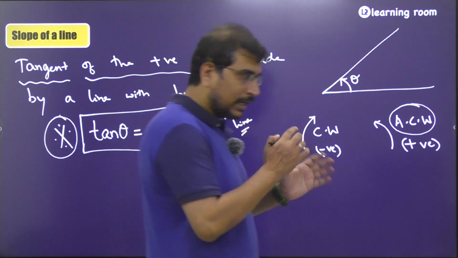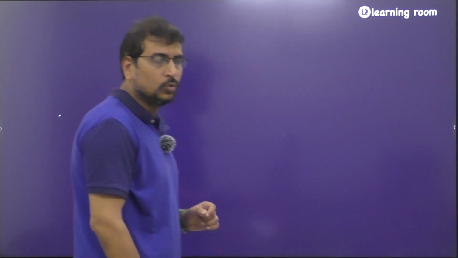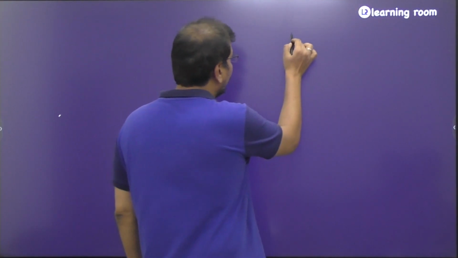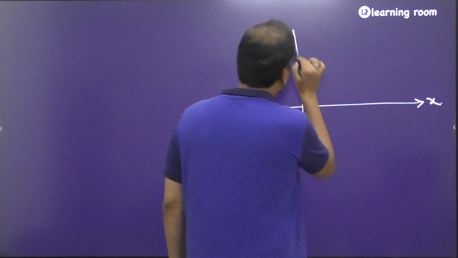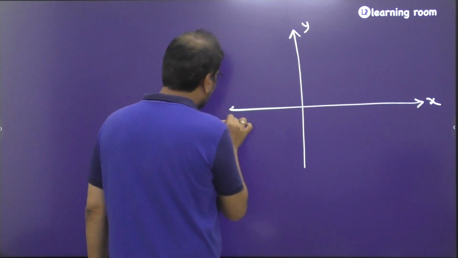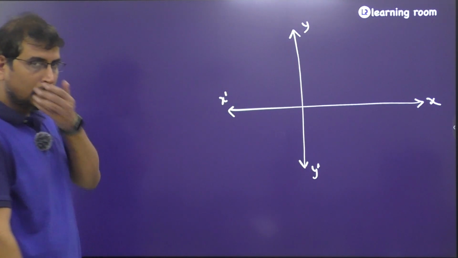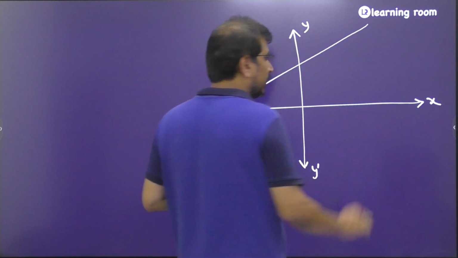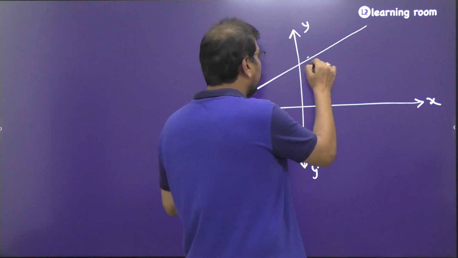Right? So having said this, I am going to extend this concept to coordinate geometry. That is, if I take the basic coordinate system like this, x-axis, y-axis, x dash and y dash. Okay. Then what I'm going to do is draw a line like this, and on this line, I will take 2 points.